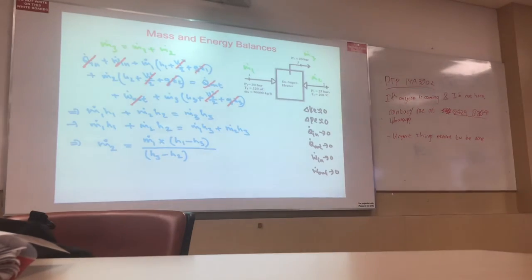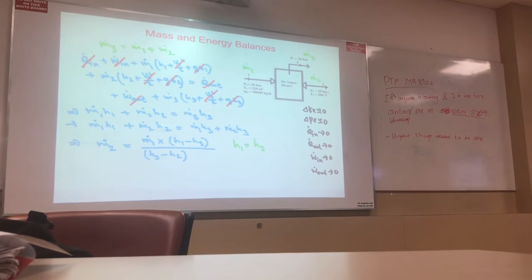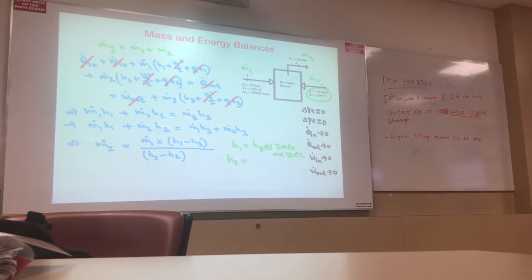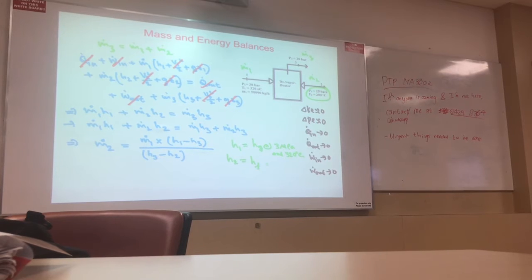Now you understand, right? So what is the value of h1? Tell me. h1 becomes hg with respect to 3 megapascal and 320 degrees Celsius. So what is h2? Compressed liquid, right? Then I can write hf with respect to 200 degrees Celsius.